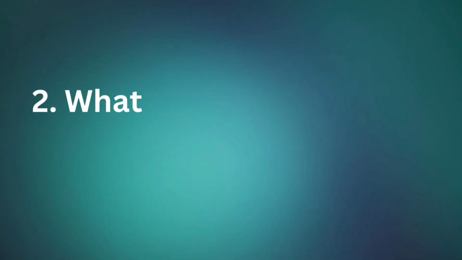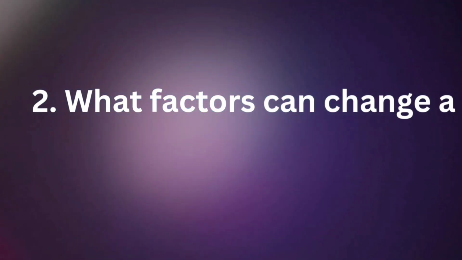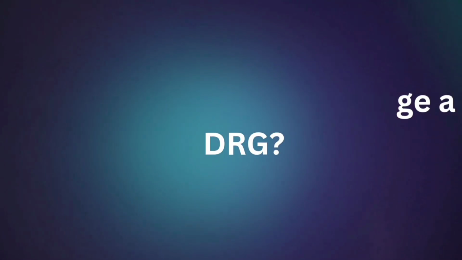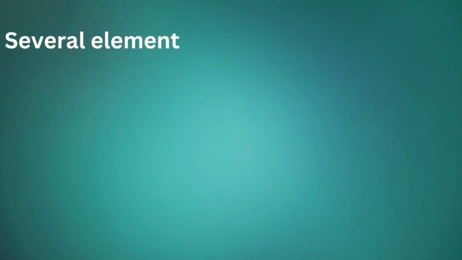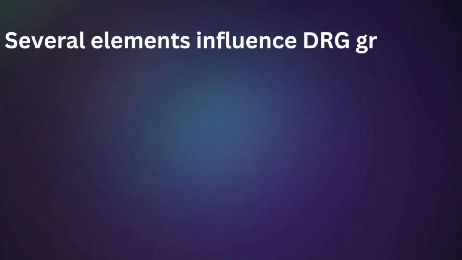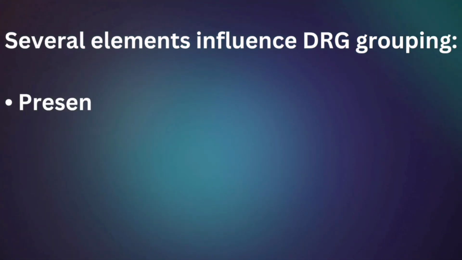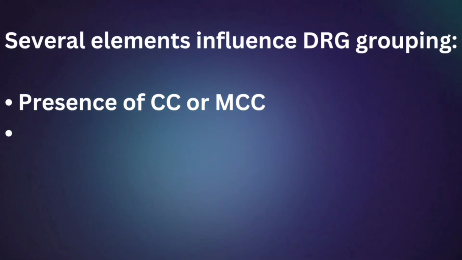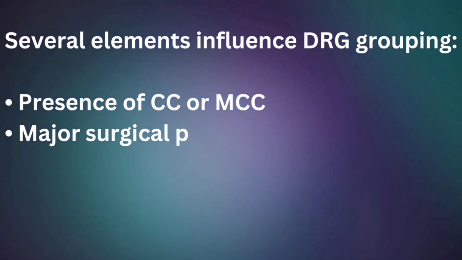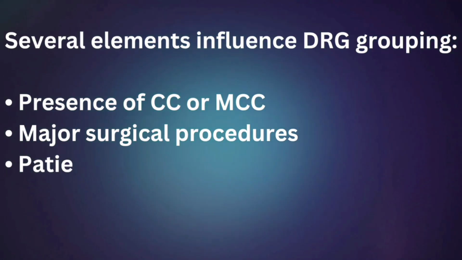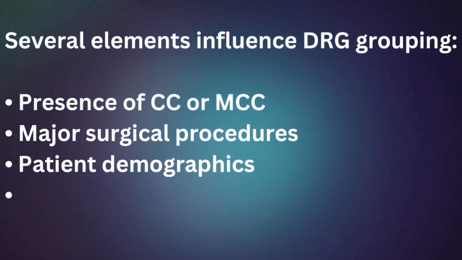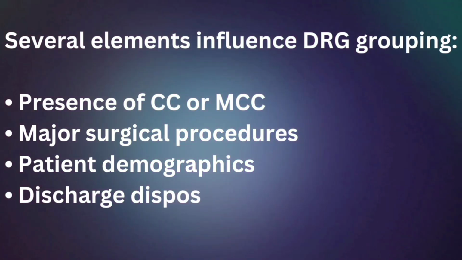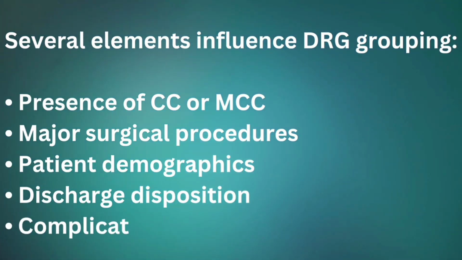Okay. What factors can change your DRG? So many factors can influence the DRG grouping. So we'll see it now. Presence of CC or MCC, major surgical procedures, patient demographics, discharge disposition, complications during hospitalization.